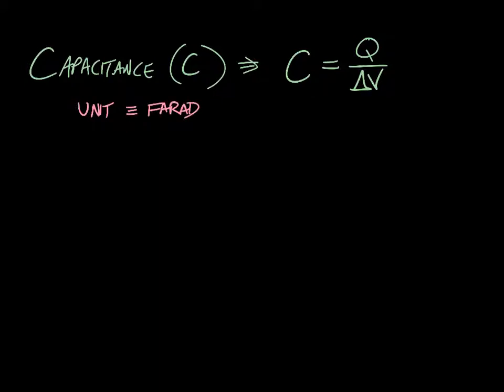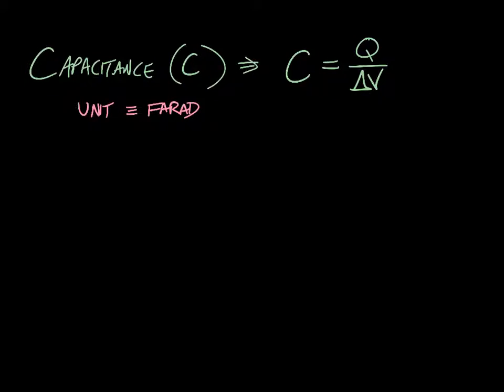Remember him from the movie? Among other things, he's the one who kind of defined capacitance and found the patterns that we're going to pay attention to. And so, hence the unit's named after the person who figures it out. Newton figured out force, so he got the Newtons. Faraday did capacitance, so he gets farads.